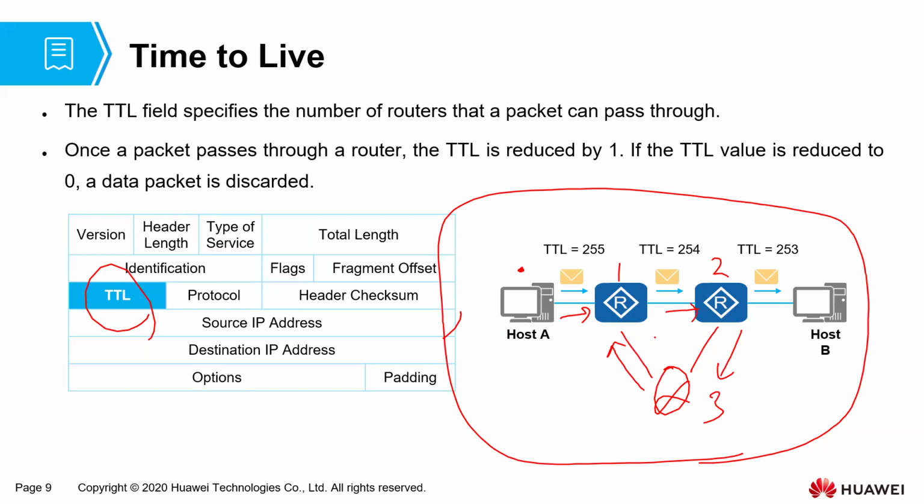Every packet that is sent is assigned a value. That value determines the number of routers the packet can pass through, the number of hops it can have. So if, for example, our TTL is 10, it means as the packet goes from one router to the next, it is reduced to 9, going to another router 8, up until it reaches 0. Once it reaches 0, that packet gets dropped because it has nowhere to go.